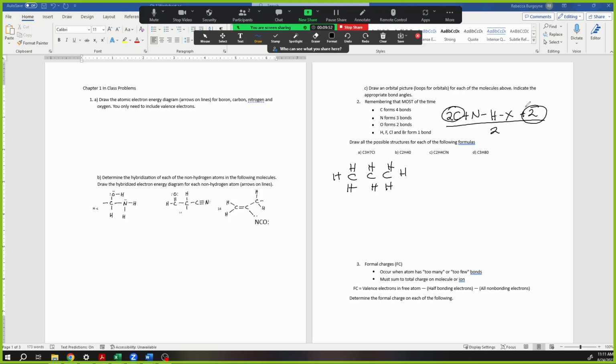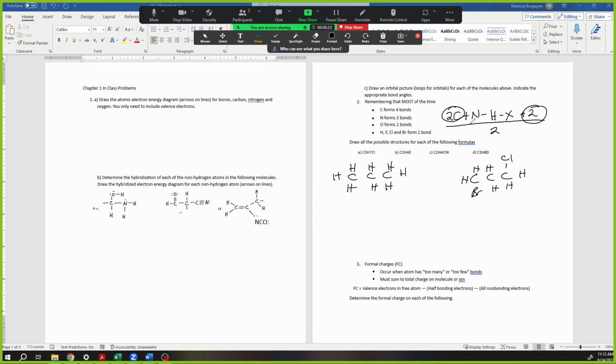Then what's going on here is an X, or a chlorine, bromine, iodine, works the same as a hydrogen in taking up that space. So you could easily have a chlorine here, hydrogen, hydrogen, hydrogen, a bromine there, hydrogen, hydrogen, and it would be just fine. So those act as the same.